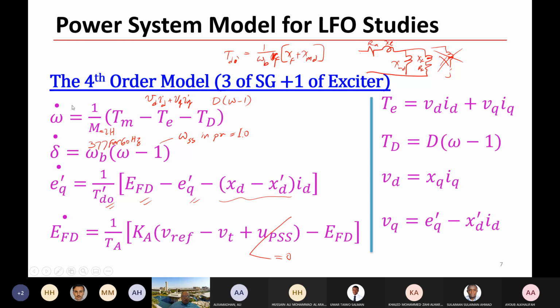How much is the initial value of omega? What do you think? Initial value of the speed. It is 1. And omega initially is 1. So omega naught equal to 1.